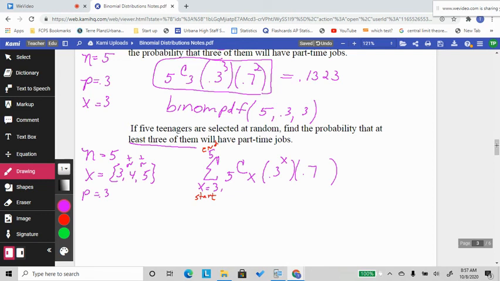And then this represents how many I get wrong. If I have x right and I have 5 total, that means it's 5 minus x. Okay, so this is going to be right here. This is going to be right, and this is going to be wrong.